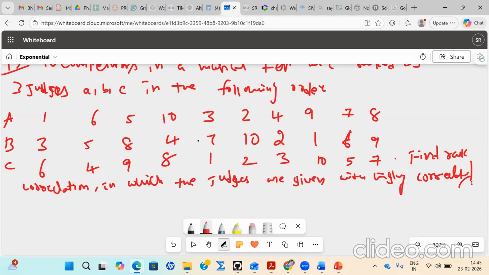Here you have to calculate A, B, B, C, C, A, so that you will understand which combination is better. All three. Here no need to assign ranks, already ranks are given. Subtraction we have to take one time.